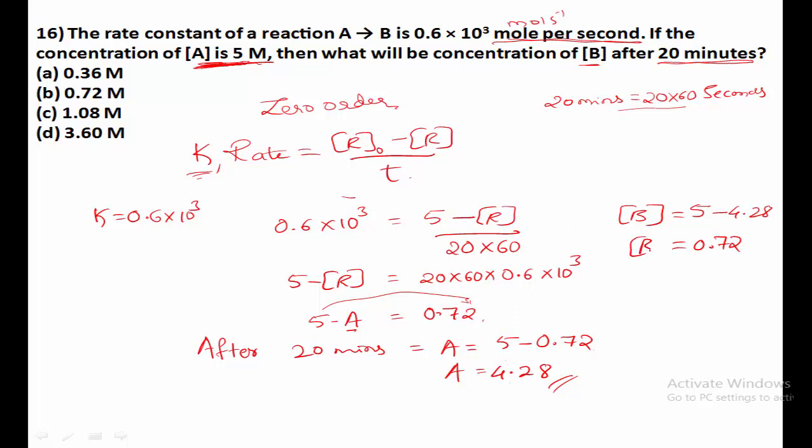That is only the concentration of B, 0.72 M. Okay, so concentration of B is equal to 0.72 molar. So the answer is option B, the correct answer for this question. After 20 minutes, the concentration of B is equal to 0.72 M.